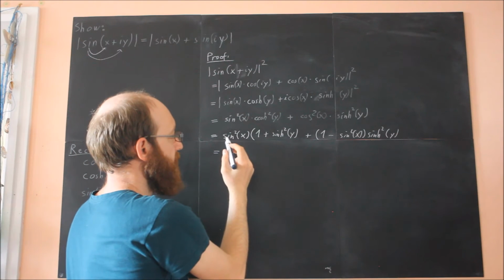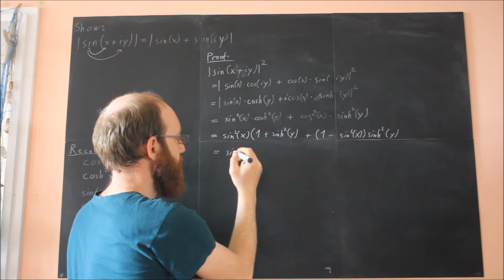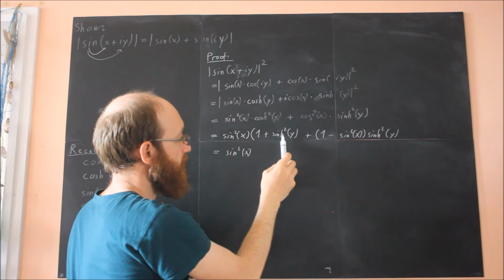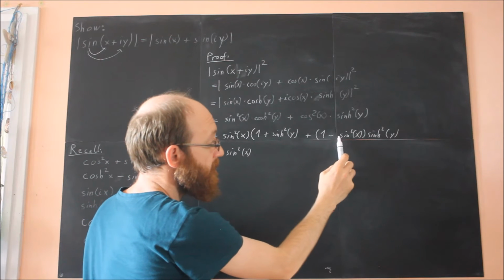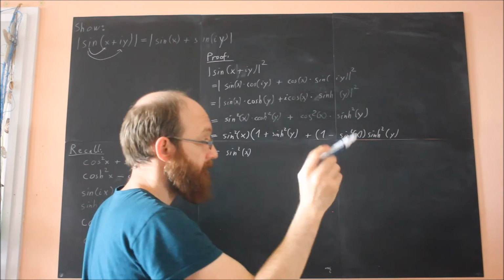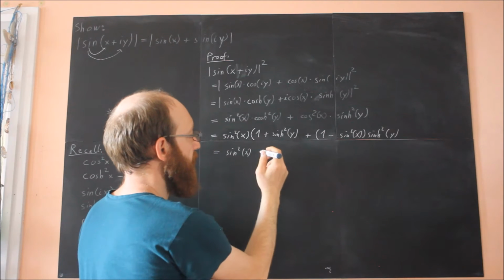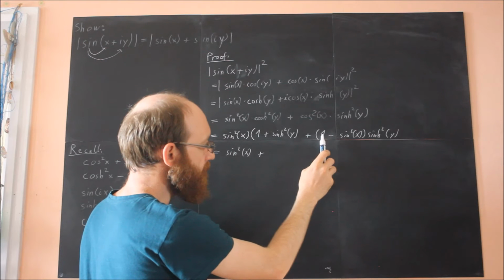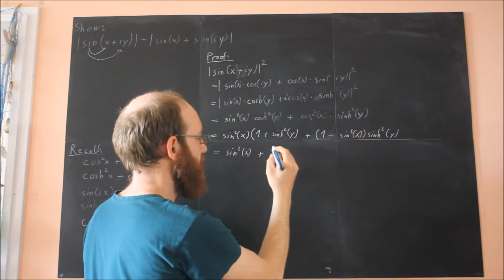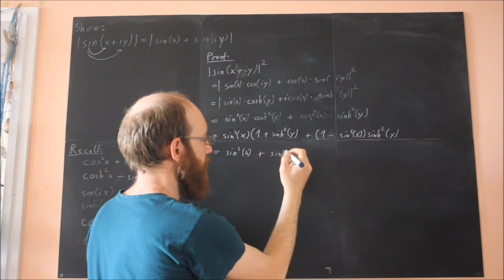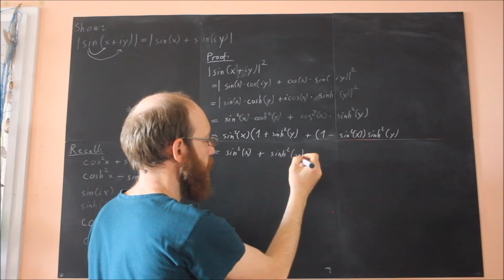Now we see we have here sine squared of x times hyperbolic sine squared, minus sine squared times hyperbolic sine squared. This cancels out, so please look carefully. And we are left with sine squared of x plus 1 times hyperbolic sine squared of y.